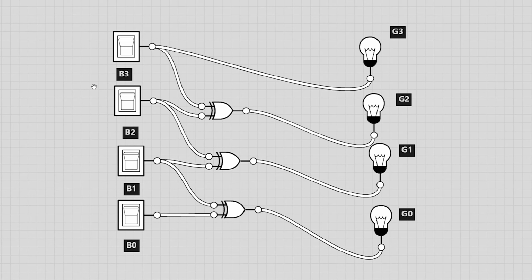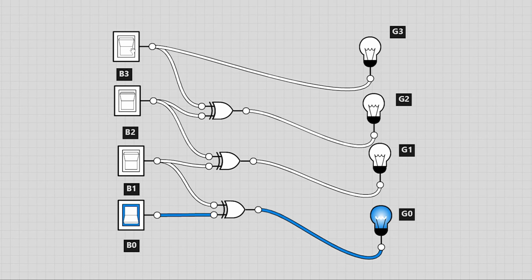This is a simulation of binary to gray code conversion. Here the inputs are B3, B2, B1, and B0, and the outputs are G3, G2, G1, and G0. When the inputs B3 is 0, B2 is 0, B1 is 0, and B0 is 1, the outputs are G3 is 0, G2 is 0, G1 is 0, and G0 is 1.